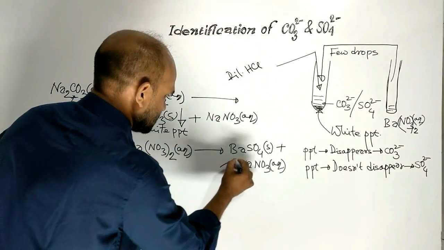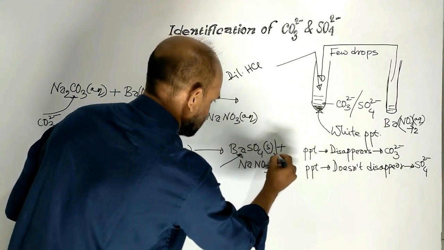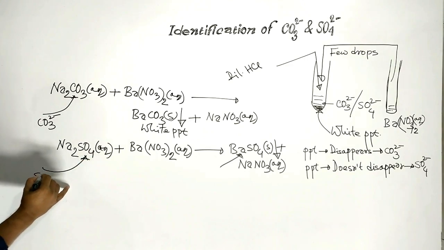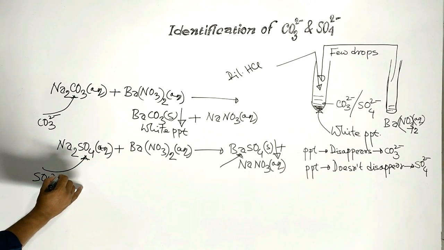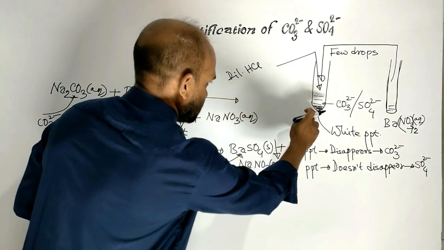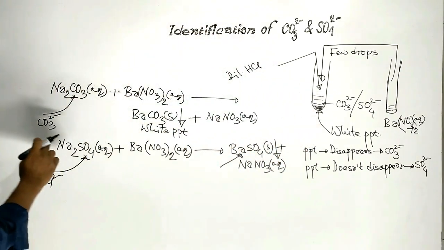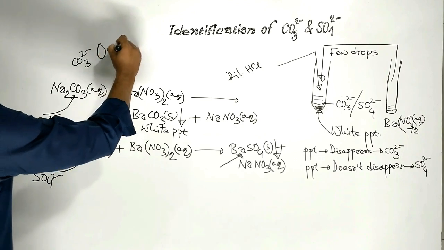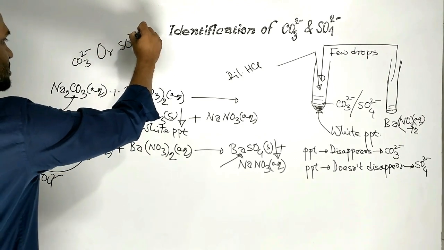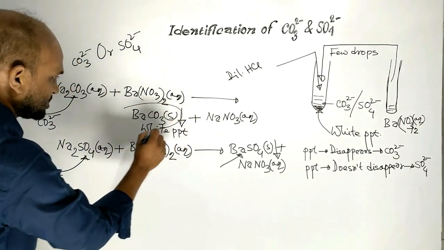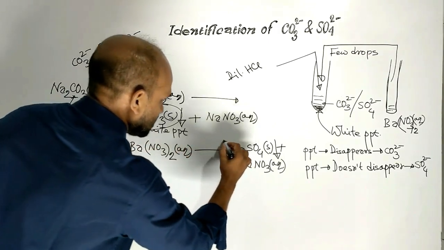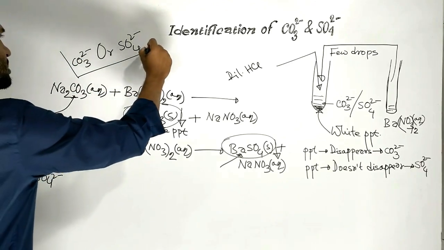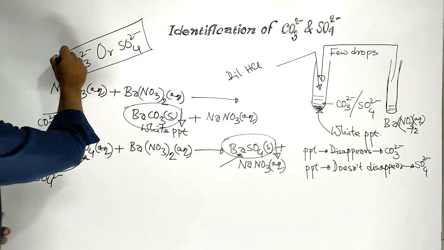So this white precipitate indicates the presence of sulfate ion in the solution. So the solution contains either carbonate ion or sulfate ion. This white precipitate indicates the presence of carbonate ion or sulfate ion.